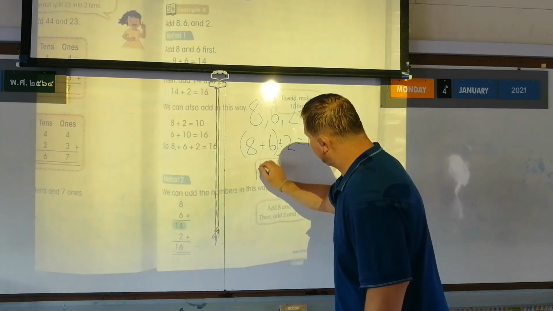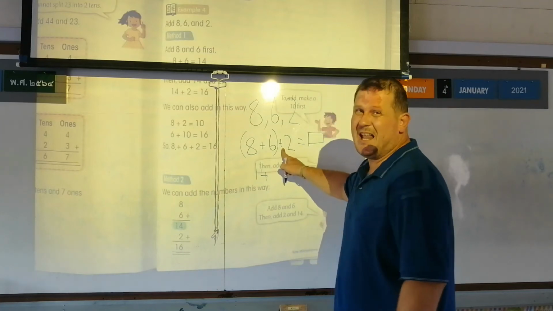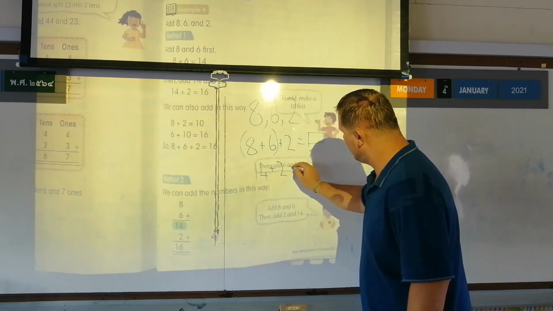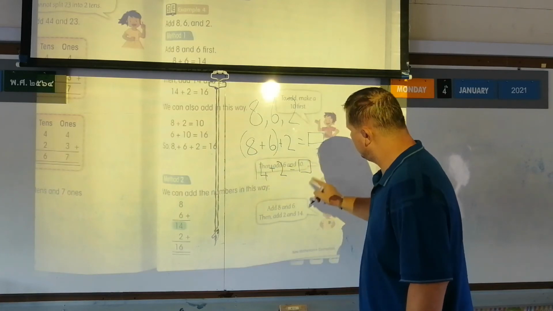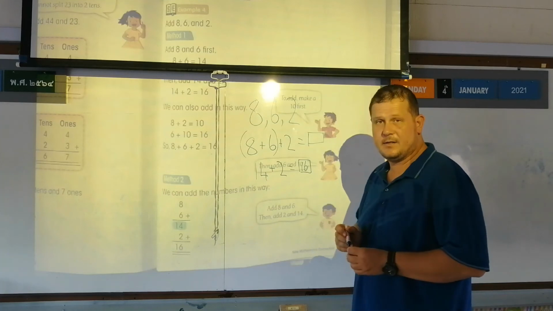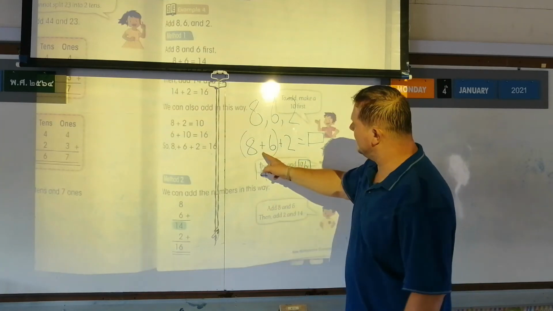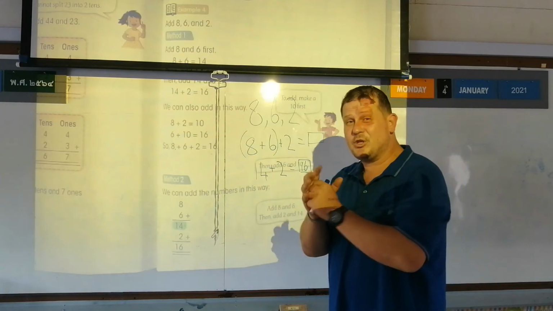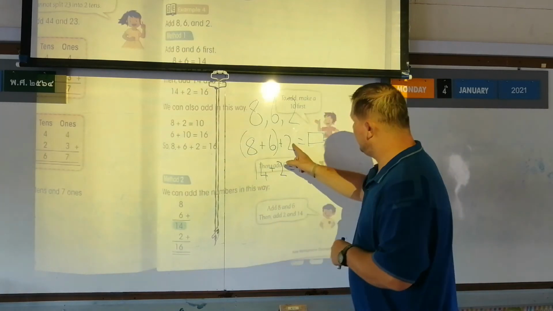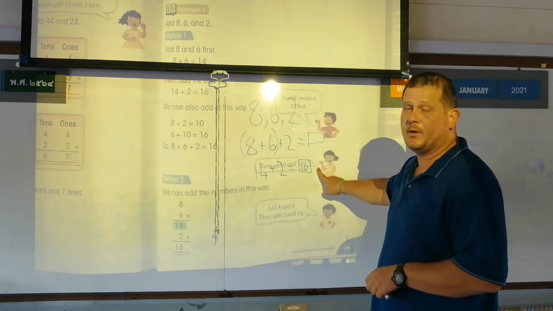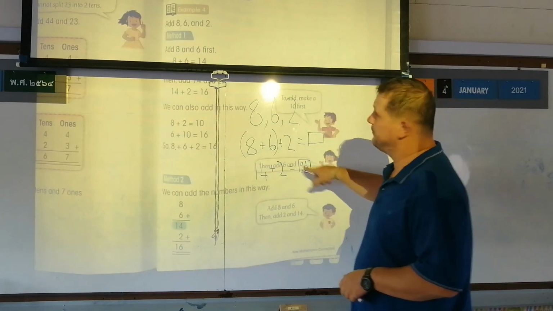So then you write 14, and then you still have 2, right? Plus 2 equals, and then the answer is 16, right? Okay, so remember, put those first two numbers in brackets, add them together, and then you add the number that's left, then you got your final total. Alright, that makes it so much easier.